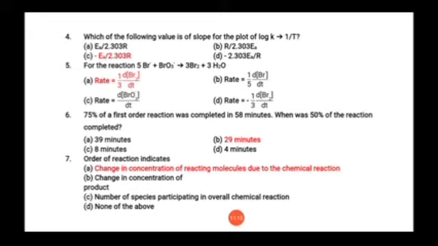So you know that order of reaction always indicates change in concentration of reacting molecules due to the chemical reaction, because whenever bonds of reactants are broken and new bonds are formed, products are formed. So the correct answer is option A.